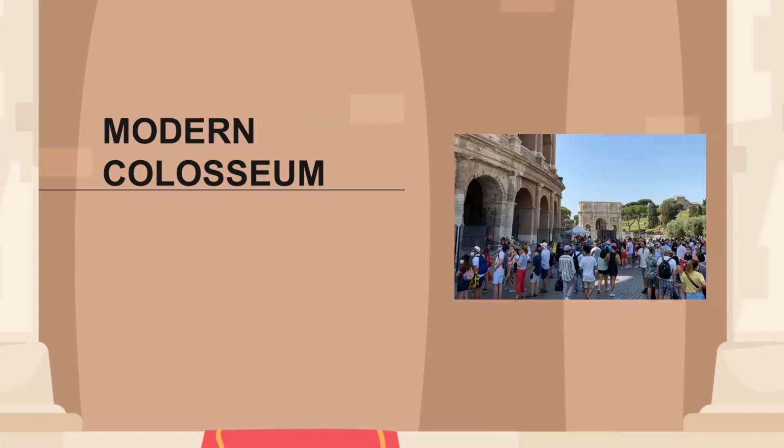In 1980, the Colosseum was designated as a UNESCO World Heritage Site, recognizing its outstanding cultural significance and the need for its preservation. Later, in 2007, it was voted, along with 6 other marvels, as one of the 7 modern wonders of the world. Today, it remains one of the most visited and iconic landmarks in the world, attracting millions of tourists each year.